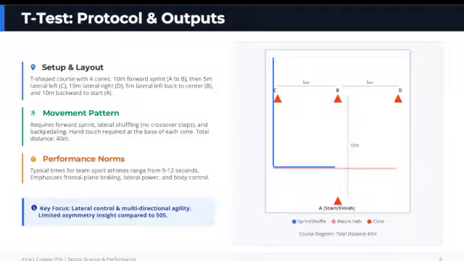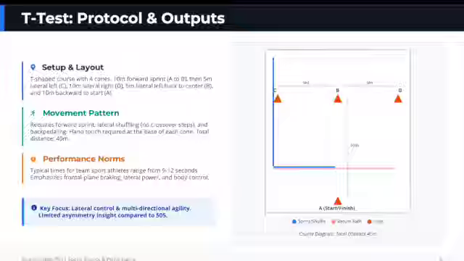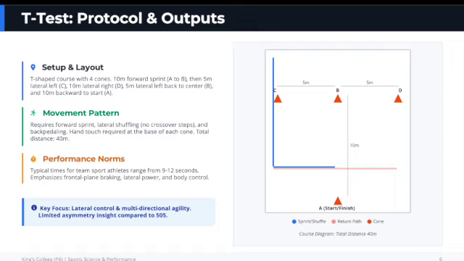The movement pattern requires forward sprint, lateral shuffling, and backpedaling. A hand touch is required at the base of each cone. The total distance is basically 40 meters. Typical times for team sports range from 9 to 12 seconds. This emphasizes frontal plane braking, lateral power, and body control.